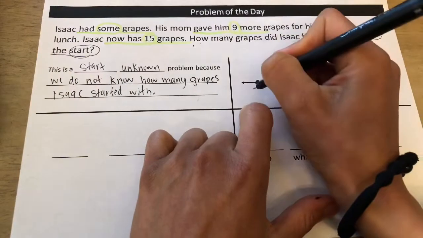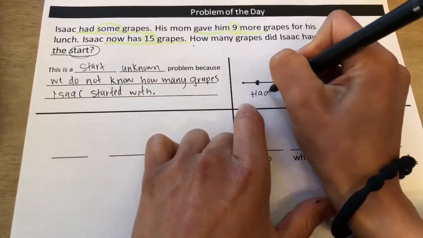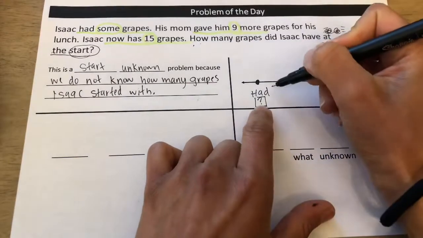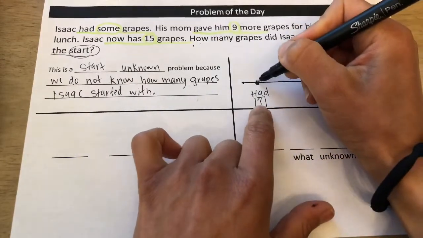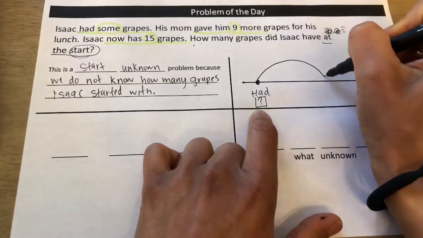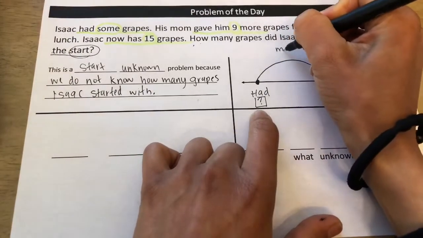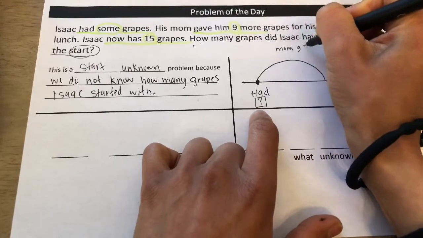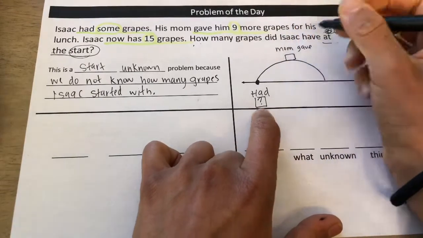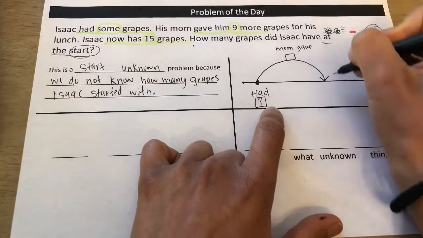So he had some, and some is unknown, right? So I'm going to put it with the question mark, some unknown value. And then his mom gave him more.